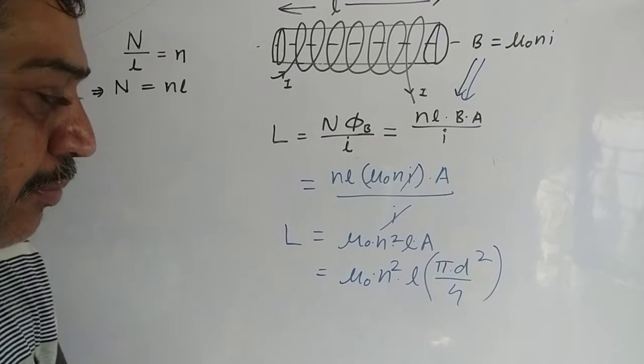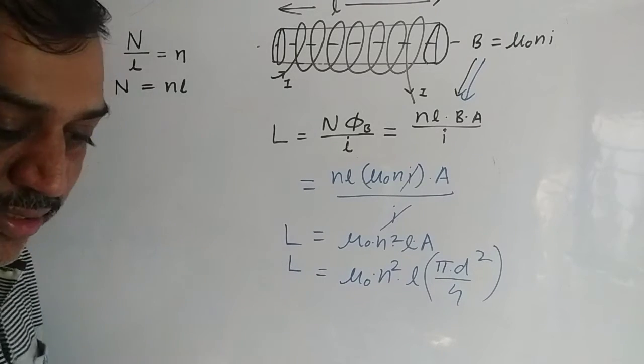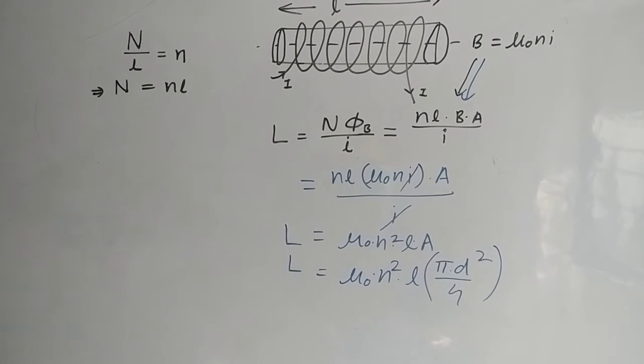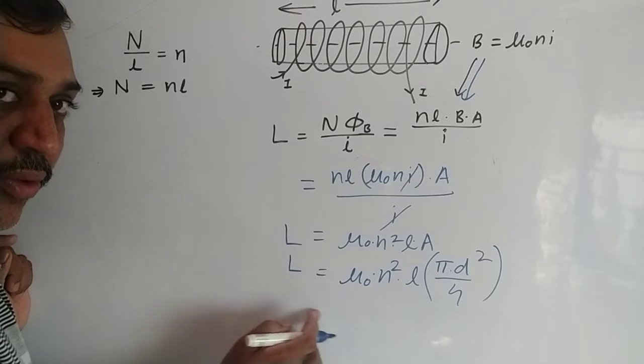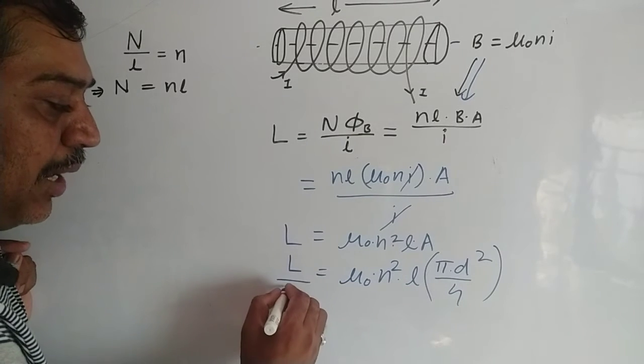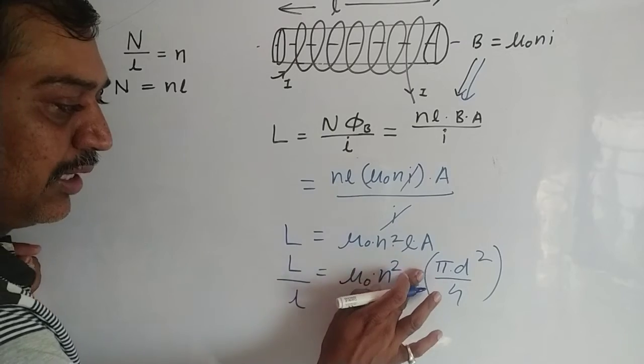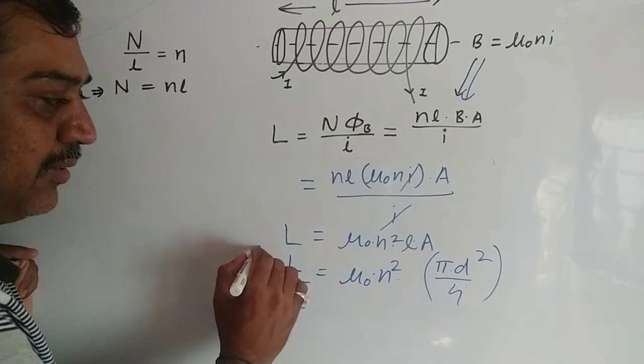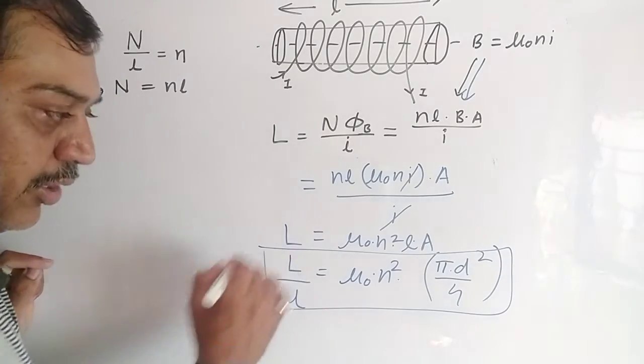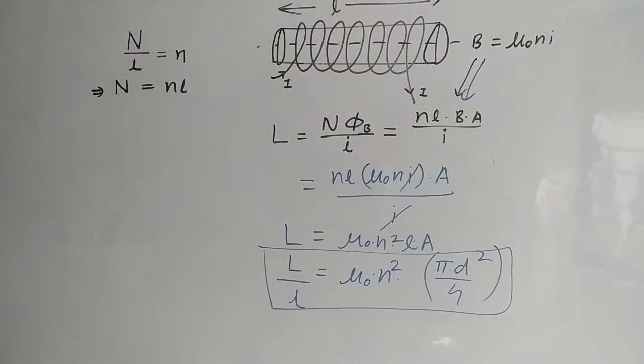So pi d square divided by 4 is in the self-induction we have found out. If we move this L from this side to this side, we get the self-induction per unit length, which is the same thing they have mentioned in their book as equation 12.34.